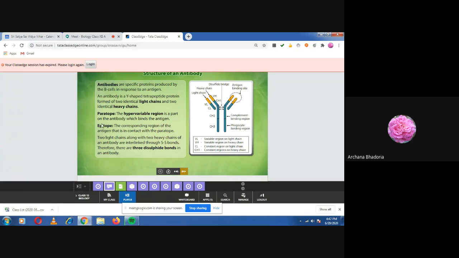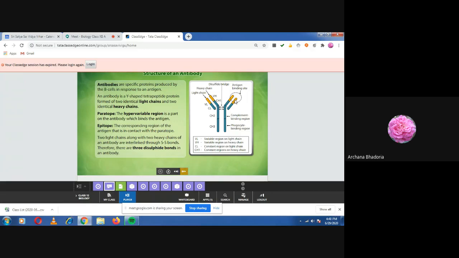Now these 2 terms are not given in your book, but you can note down the 2 parts they are calling paratope and epitope. Which is the paratope? The hypervariable region is a part on the antibody which binds the antigen. So this part is what you are calling paratope. The top part which is showing this yellow part is the antigen binding site.